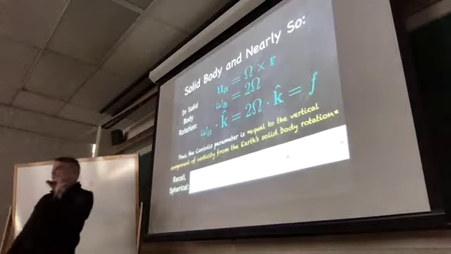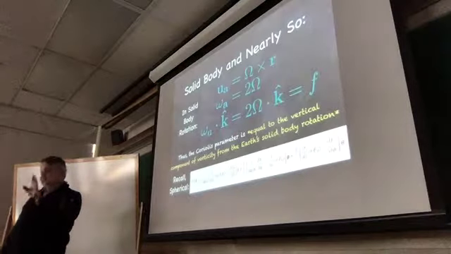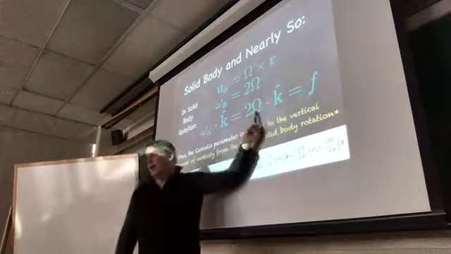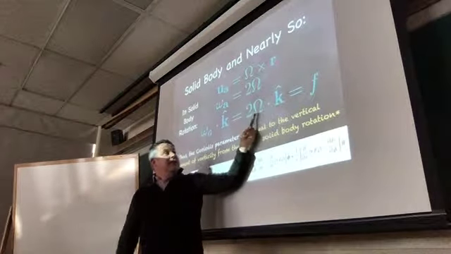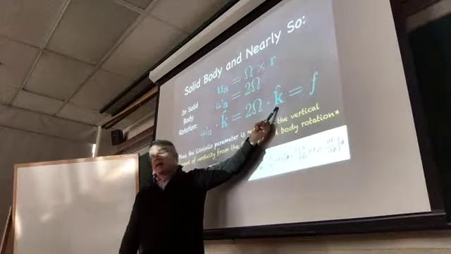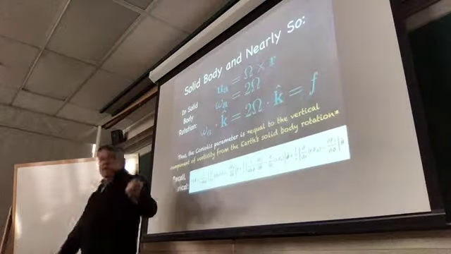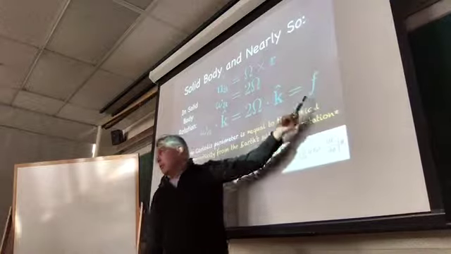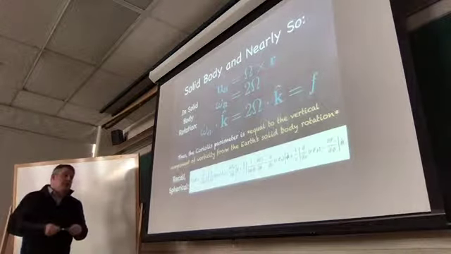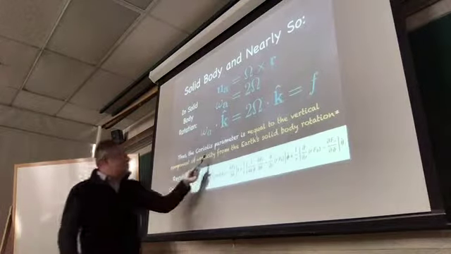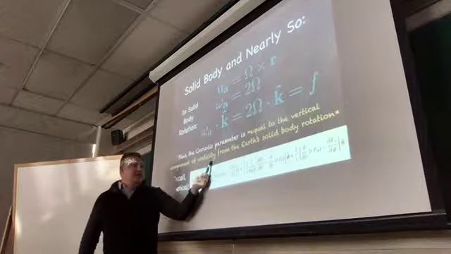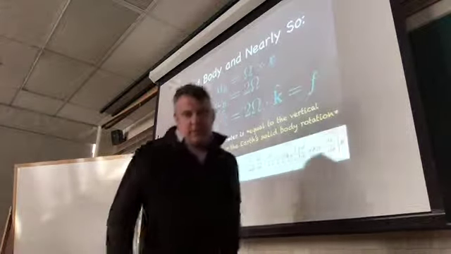But I've done this experiment at different latitudes, and I've determined that there is a cosine of latitude factor. But this is a pretty subtle thing, and it's really because this is a vector-like object, the angular rotation, and then you dot it into the vertical to get the relevant vertical component of vorticity is part of that answer. Okay, so the Coriolis parameter is equal to the vertical component of the vorticity from the Earth's solid body rotation.